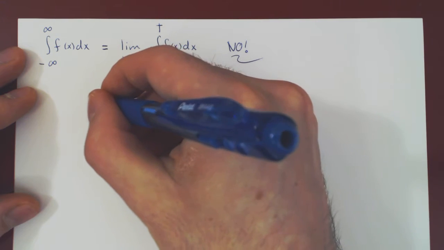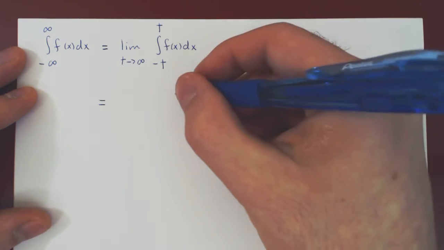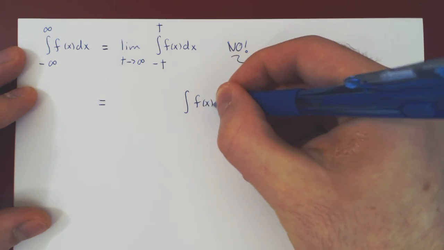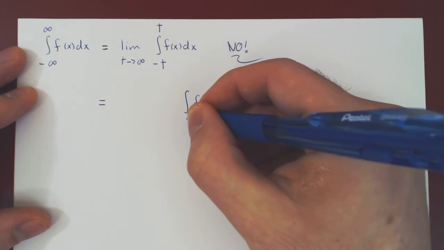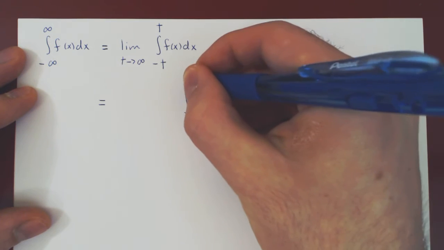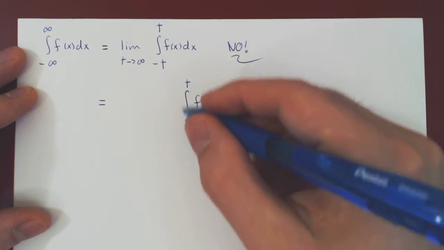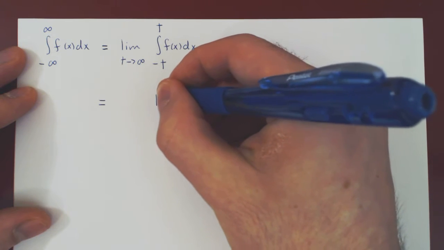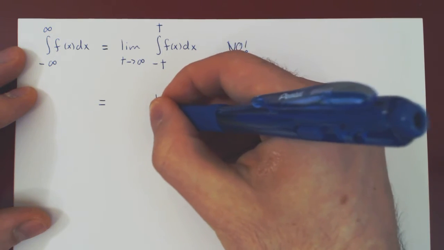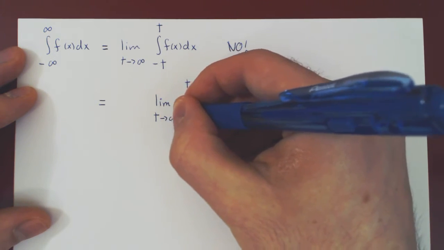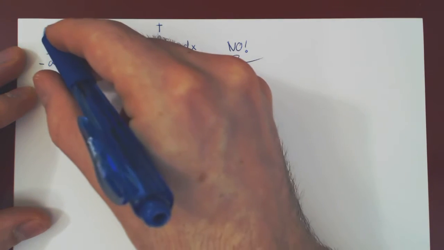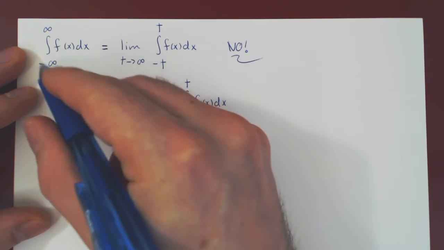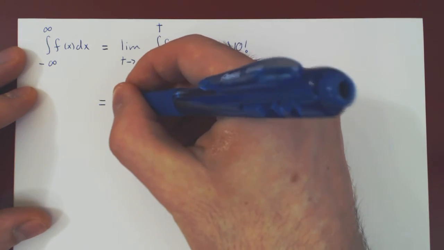So here's how it should be done. We should integrate the function f from, say, s to t, where s and t are independent variables, and then we will first let t approach positive infinity, and of course then we'll take the limit as s approaches negative infinity.